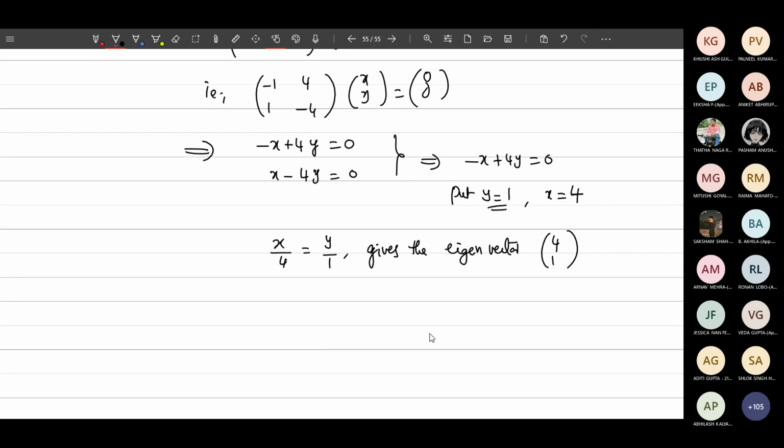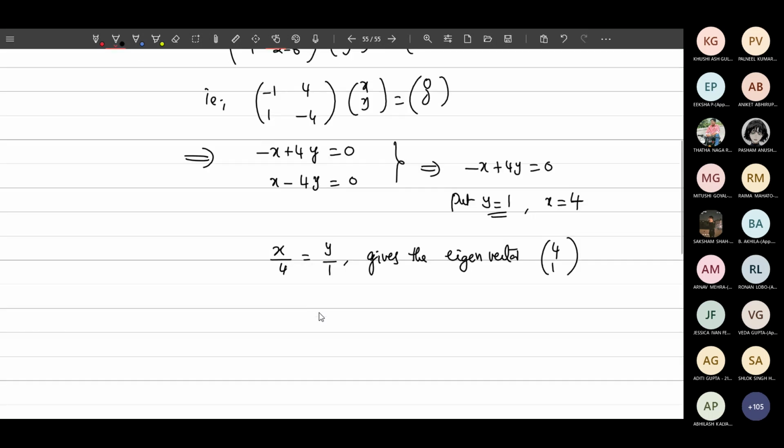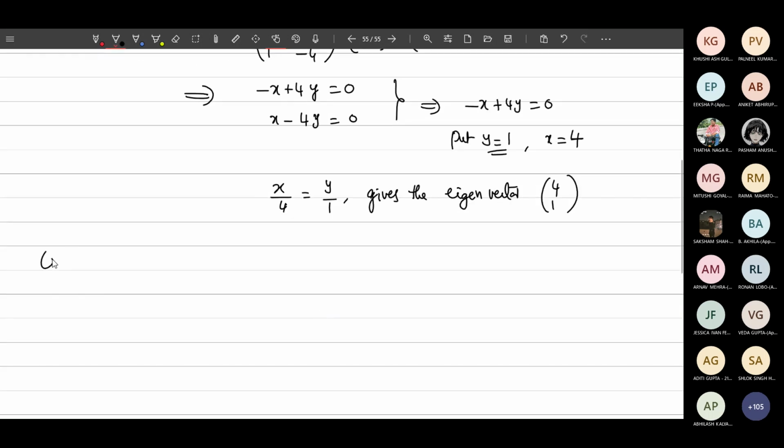Suppose you assume a different y, then correspondingly x will change. This is corresponding to lambda equal to 6. Now in case 2 we will see lambda equal to 1, another possibility.